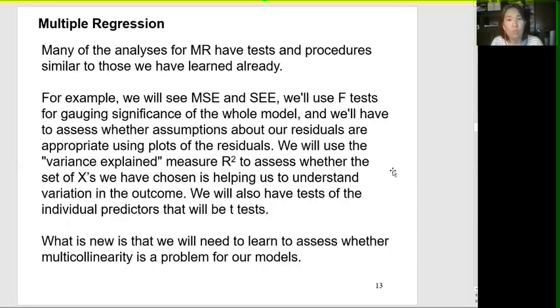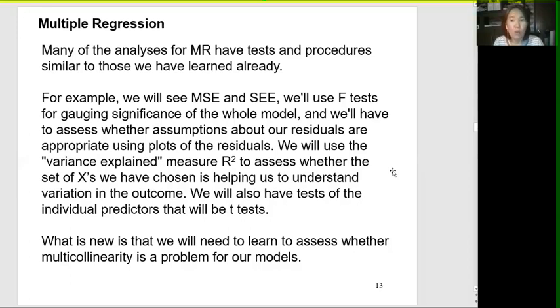We will use the variance explained measure R square, as we did, to assess whether the set of X's, meaning the model we have chosen, is helping us to understand variation in the Y outcome.